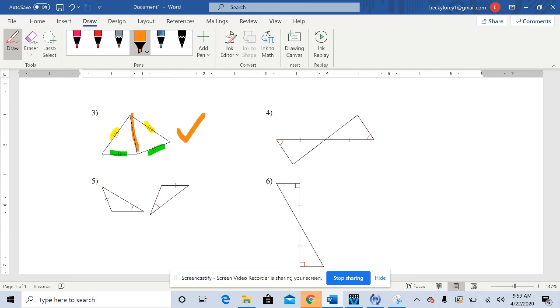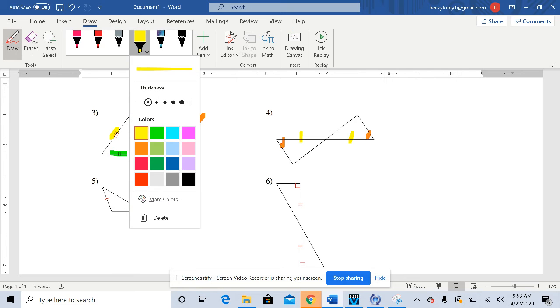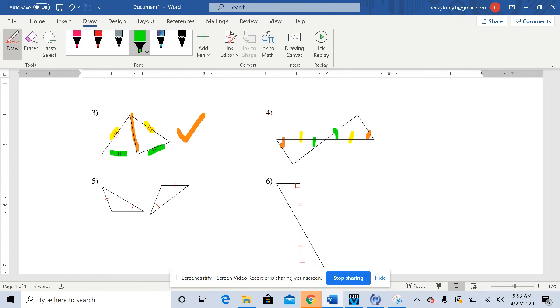Moving on to number four. So in number four, these two angles are congruent. And these two sides are congruent. And then based on what we learned about vertical angles, notice that we have vertical angles here. So those two angles, we know from the definition of vertical angles, are congruent.